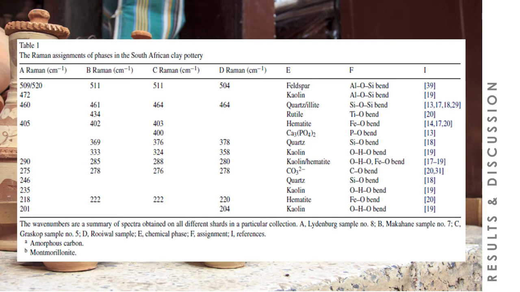in the FTIR spectrum. The presence of feldspars was also conveyed in Raman bands around 511 cm to the -1 and through the XRD results. The presence of amorphous carbon was implied through the intense bands at 1358 and 1576 cm to the -1.